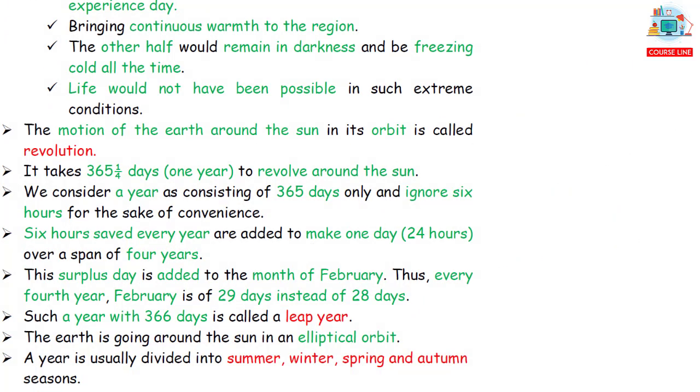Such a year will have 366 days and not 365 days. It will have 366 days every 4th year, and that 4th year we will call a leap year. Okay, leap year means February will be of 29 days and the year will be of 366 days. This will compensate the loss. Okay.